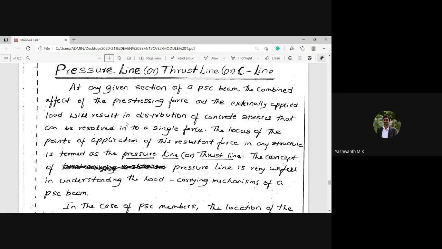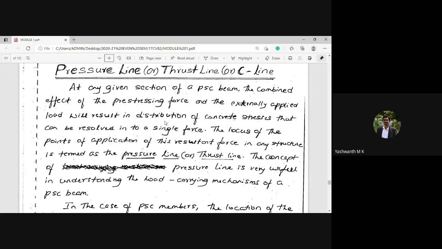I hope you know that. When a PSC beam is subjected to two forces, one is the pre-stressing force, and the other is the externally applied load, that is live load and dead load, it results in a distribution of concrete stresses that can be resolved into a single force.